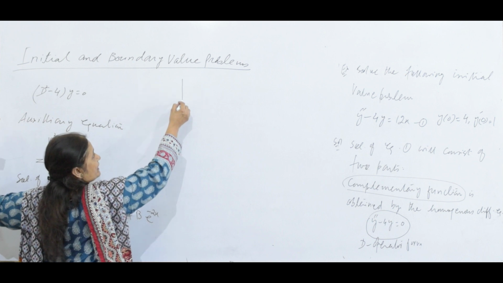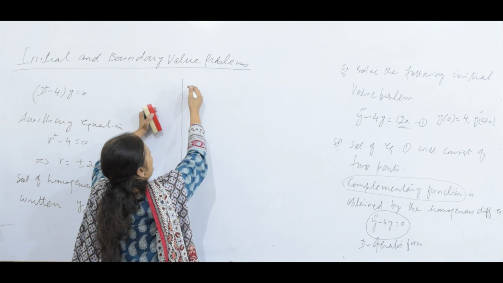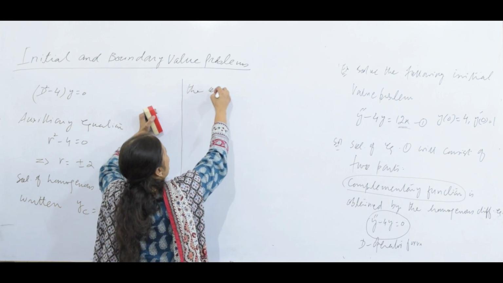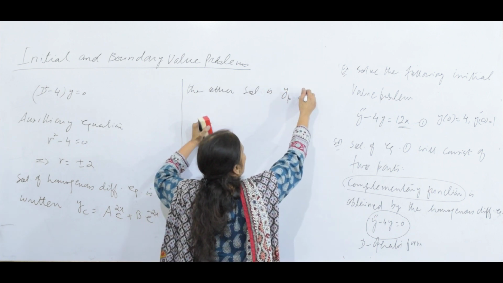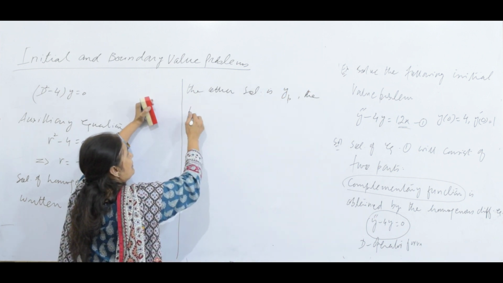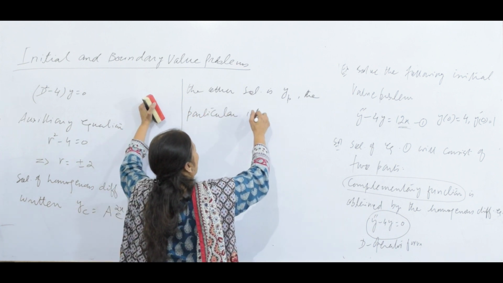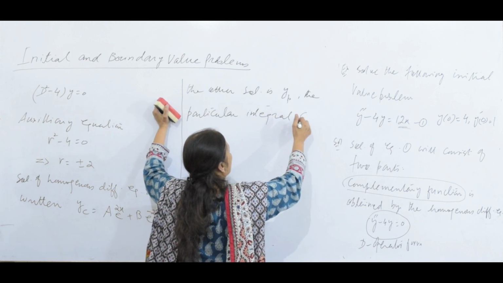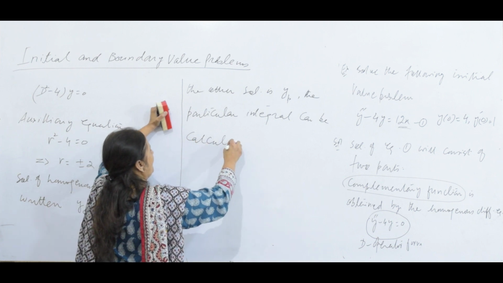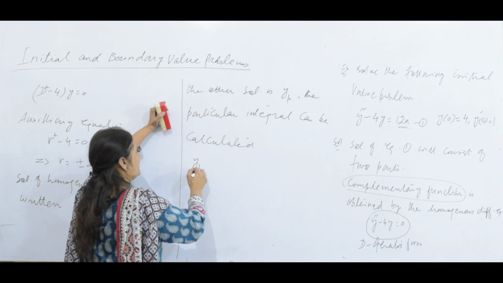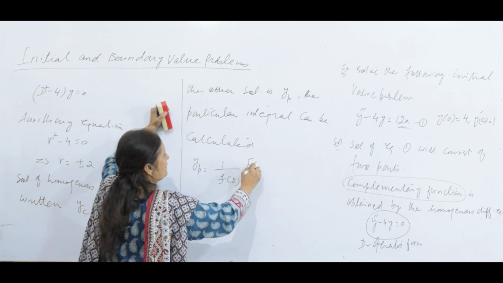Now, since this is non-homogeneous because of this function, the other part of the solution is the particular integral, which can be calculated by yp equal to 1 over the polynomial in D into f of x.